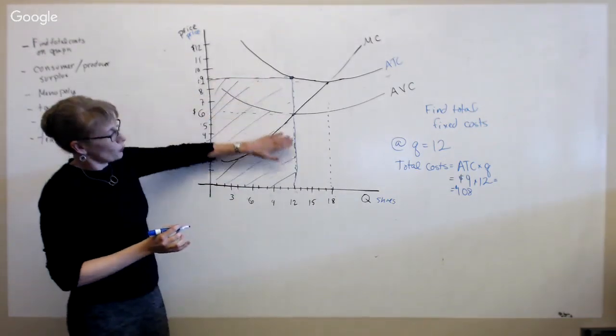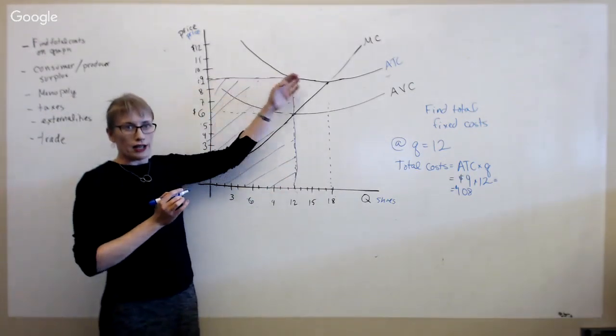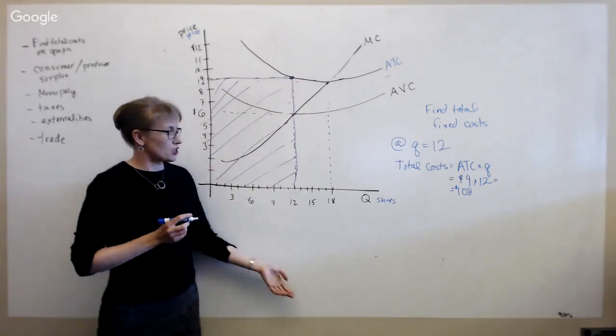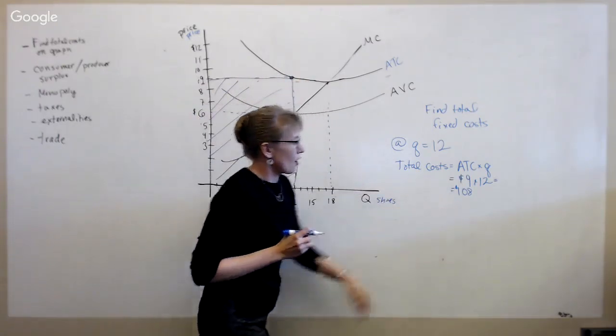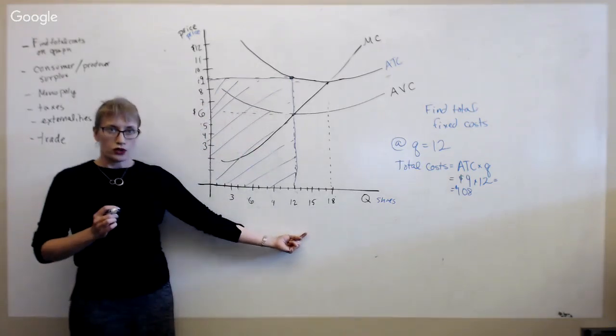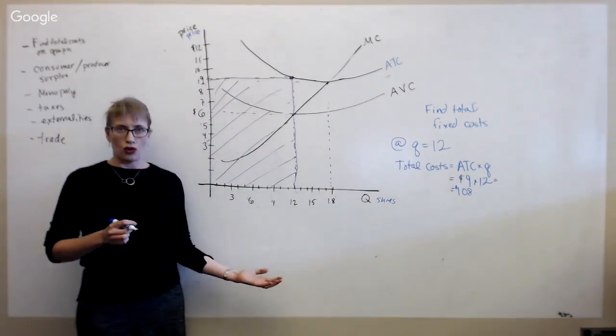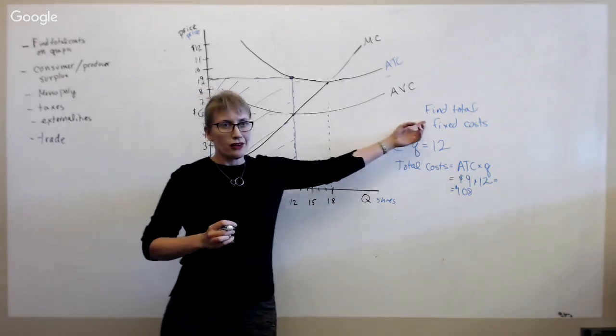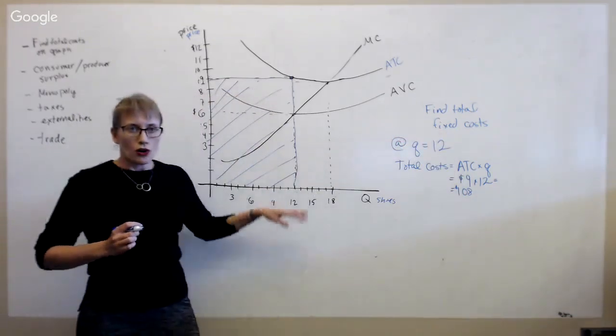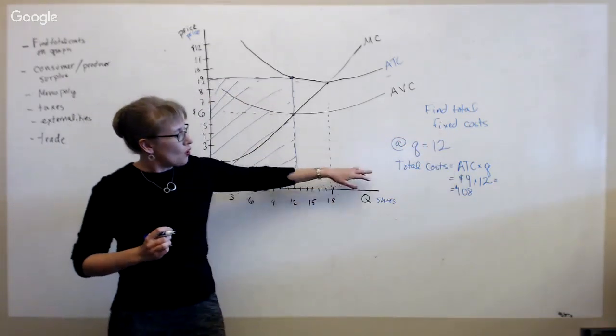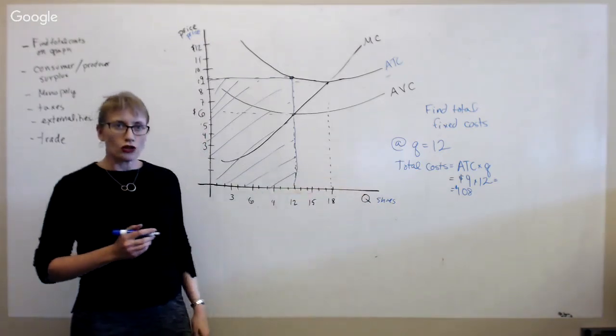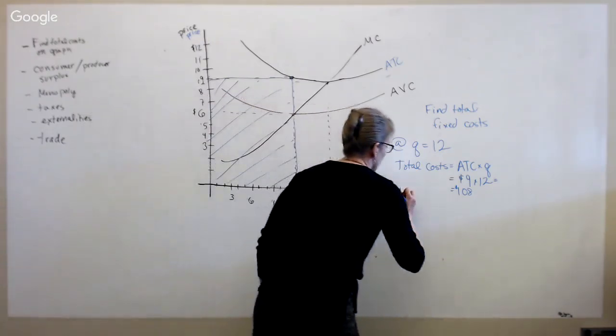So this blue shaded area here represents the total costs of producing 12 shoes. But I didn't ask you about total costs. I asked about fixed costs. So in order to find fixed costs, we are going to subtract off our total variable costs.